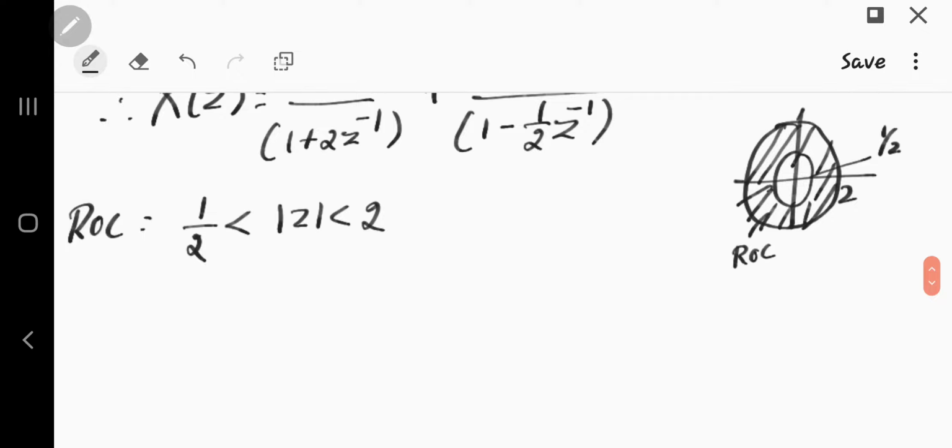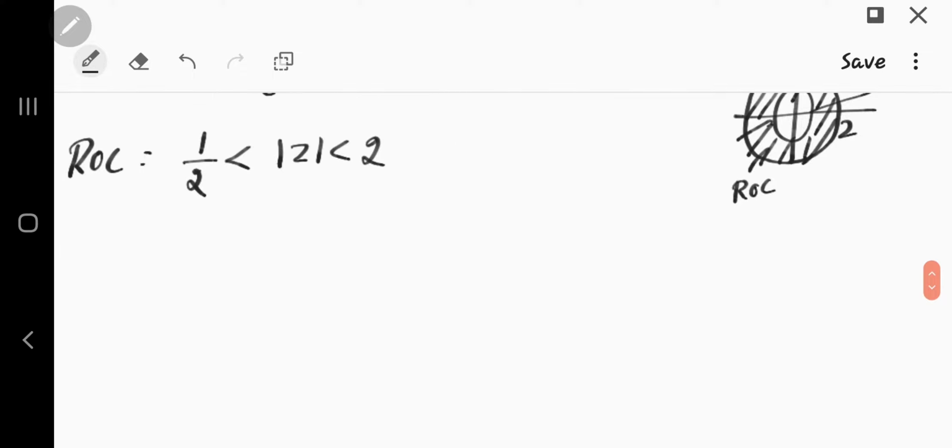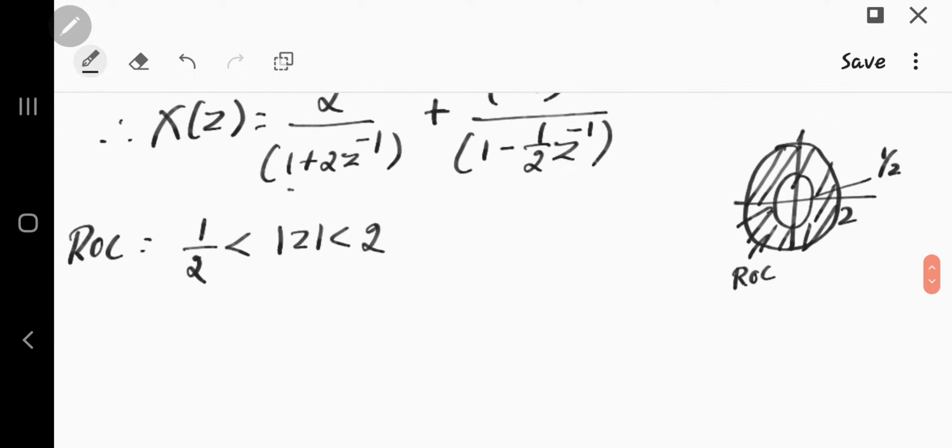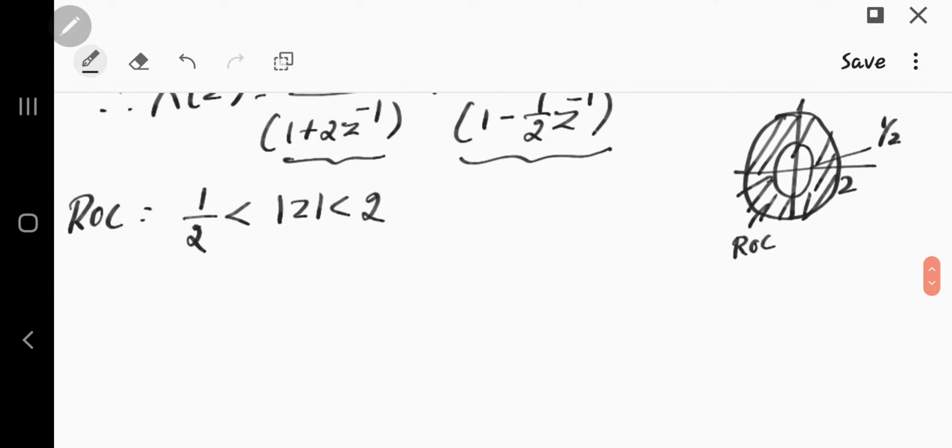So, that means the one which is outside the circle, that will be the positive time sequence, and the one which is inside the circle, that will be the negative time sequence. So, that's fine. The first term becomes negative time sequence, the second term is positive time sequence.